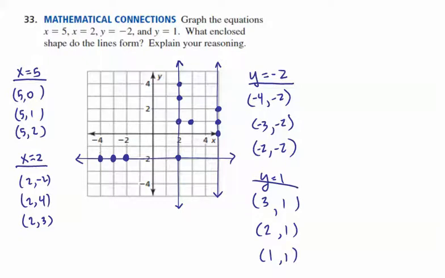X is 2, x is 1, all with y equal to 1. And so we're going to get this line, and we want to find the shape that's enclosed by all those lines. Well, the area that's enclosed would be this area here, and we can see that it makes a 3 by 3 square.